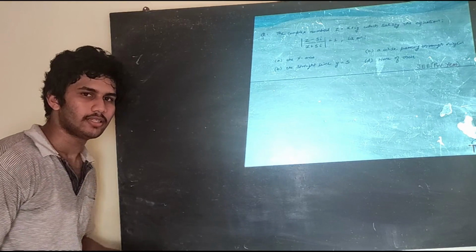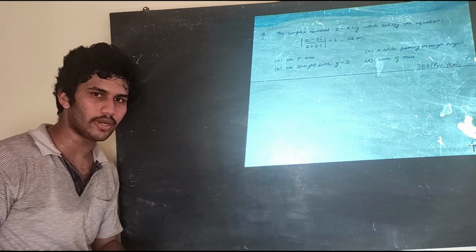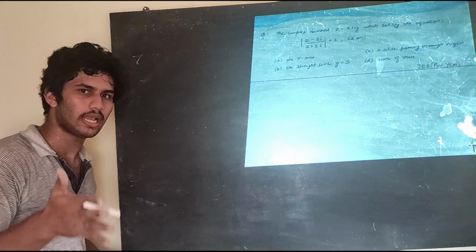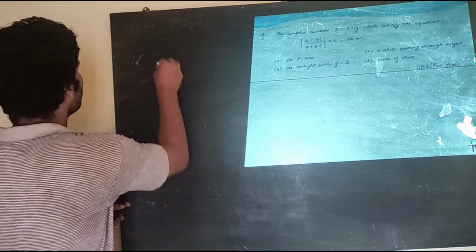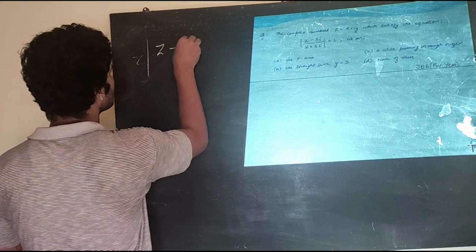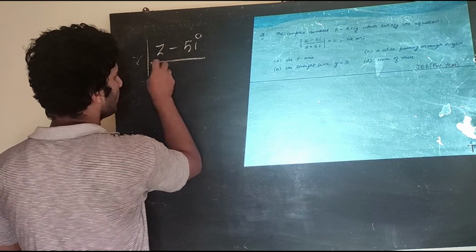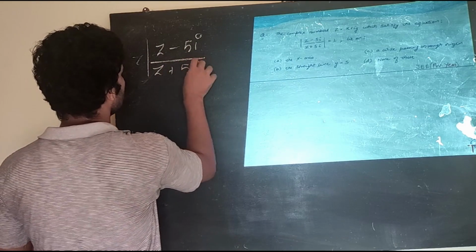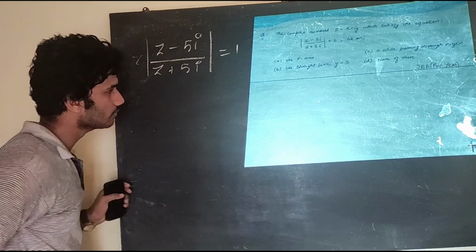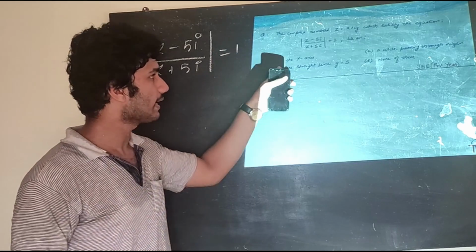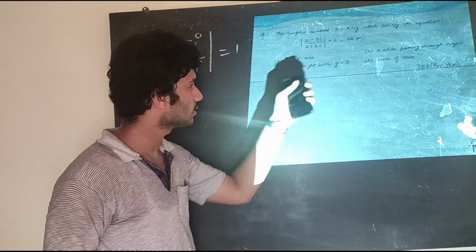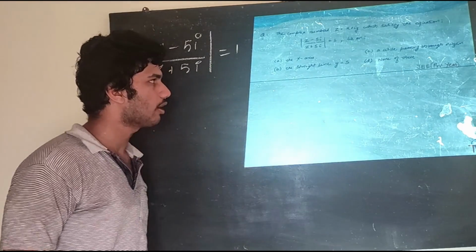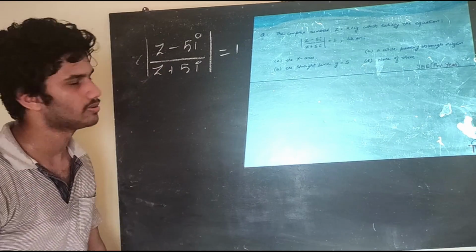As I usually say, pause the video, look into the question, try it once, and then try to solve it. Now we have modulus of z minus 5i by z plus 5i equal to 1. Now we need to check whether it lies on the x-axis, on a circle passing through origin, a straight line y equal to 5, or none of these.